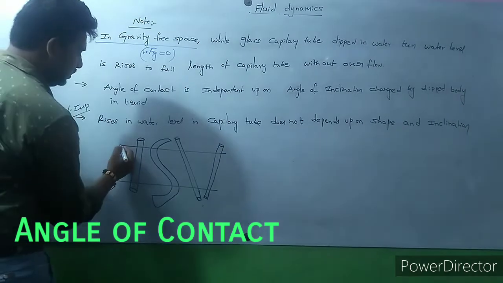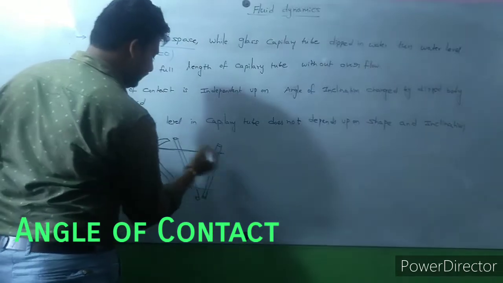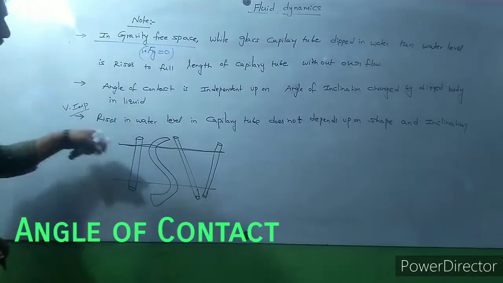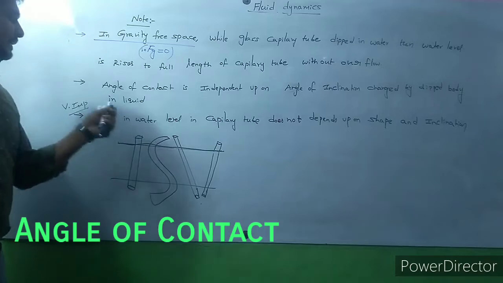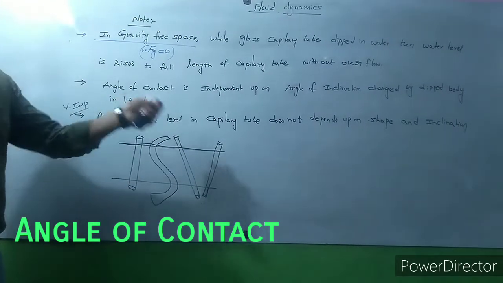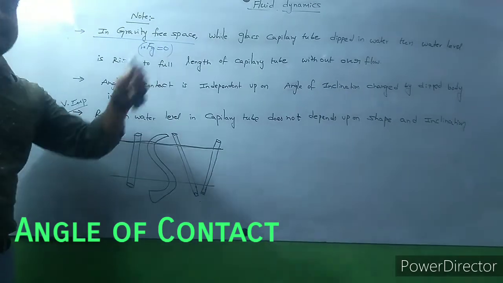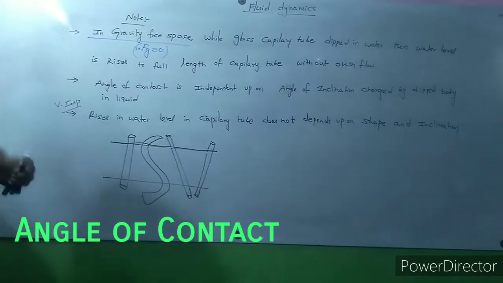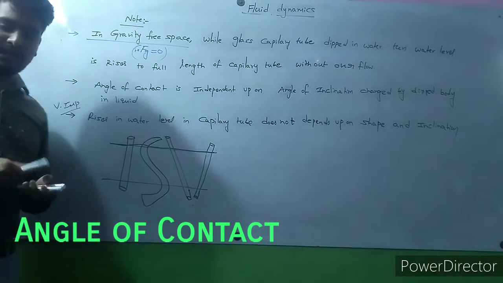So here we are taking different shapes of capillary tubes dipped in water, but the water level rise does not depend upon shape and inclination. These note points are very important.